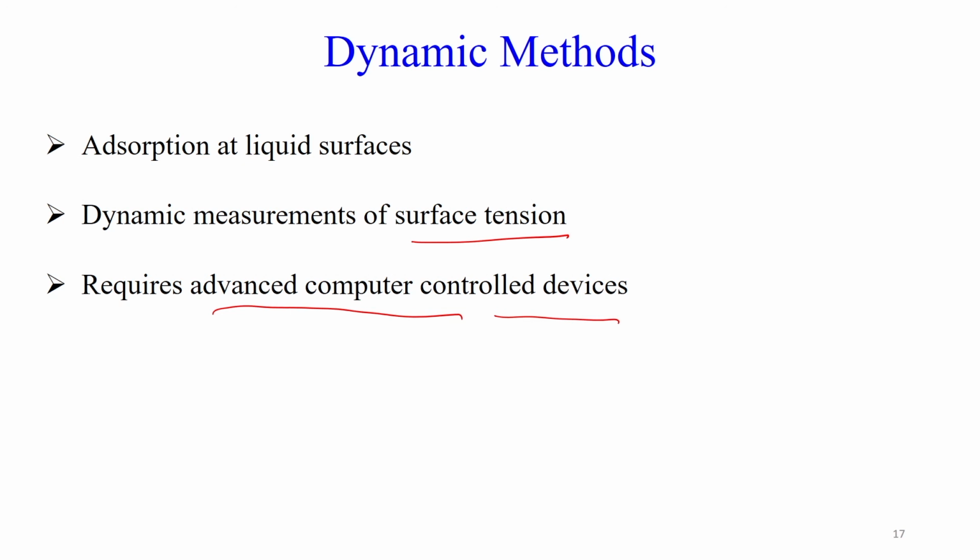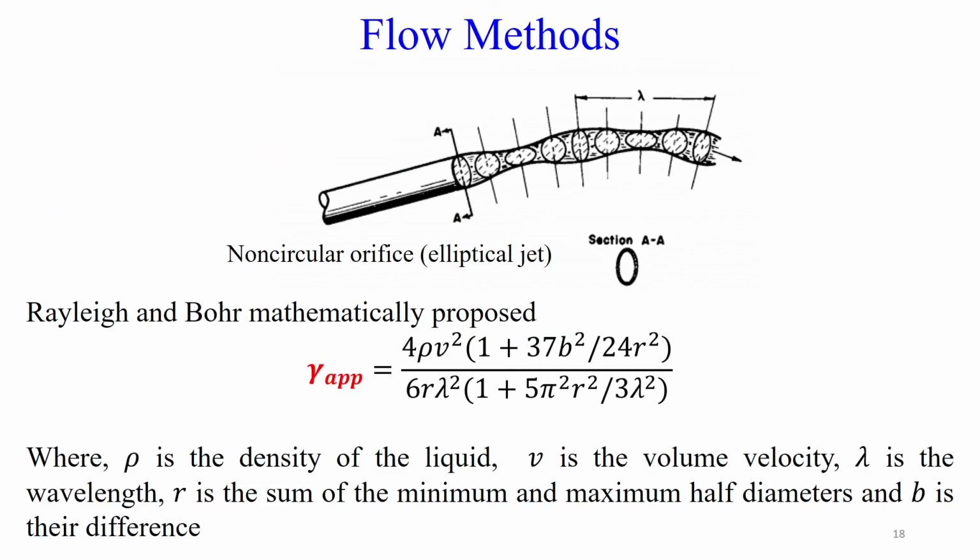These methods require computer control devices to monitor whatever change is happening at the interface, which is coming from the surface tension or the interfacial tension. The first method is the flow method. In the flow method what we are doing is, we have an orifice, but this orifice is not circular.